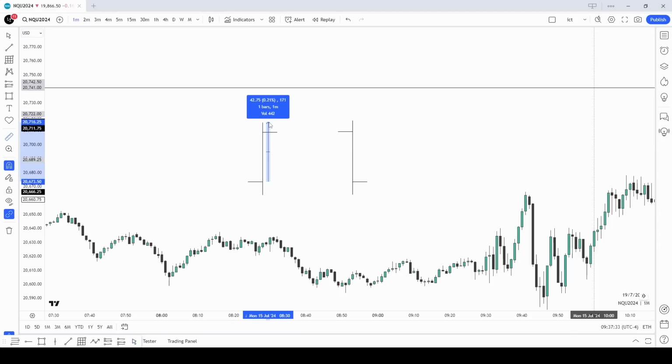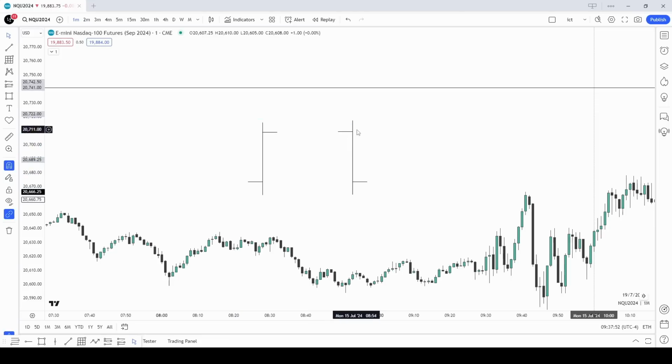Okay, think about this. Once we've had the Judas swing within the open to the high, these are scalps. Okay, these are scalps you can take. Now this could be a weekly candle, okay, and then the hourly time frame can be inside here, giving us the expansion. And it's the same logic here.